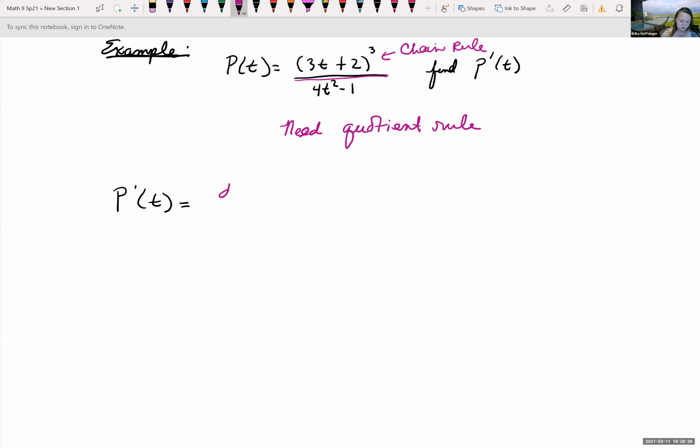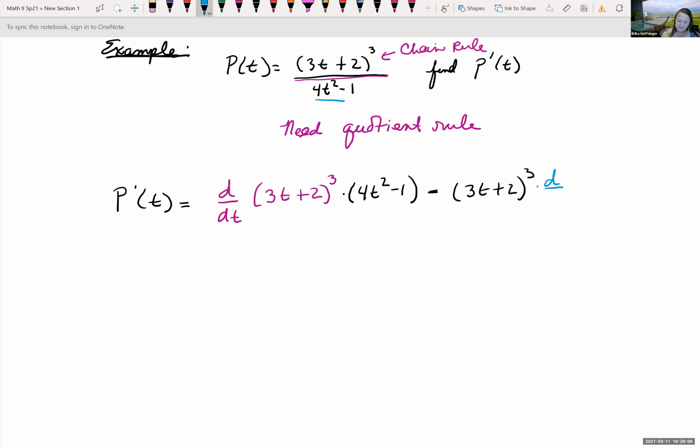The quotient rule says the derivative of the numerator, so d dx of the numerator, which actually it's not x, right? We're in a variable t, so I would write this as d dt of 3t plus 2 quantity cubed, times the denominator. We need parentheses around that whole denominator because there's more than one term, so 4t squared minus 1, minus the numerator, the 3t plus 2 quantity cubed, times the derivative of the denominator.